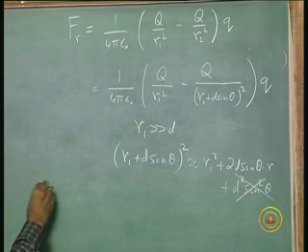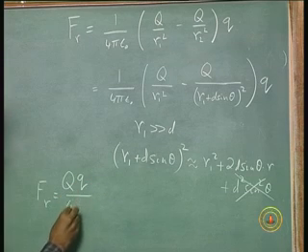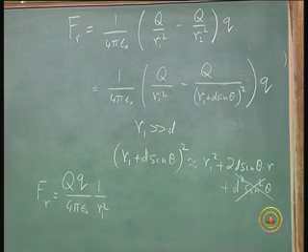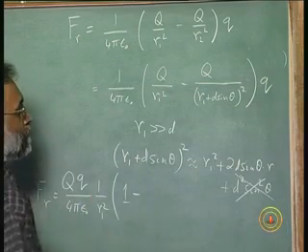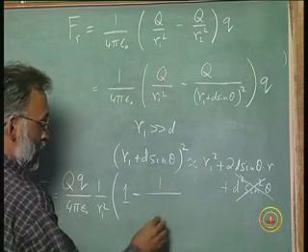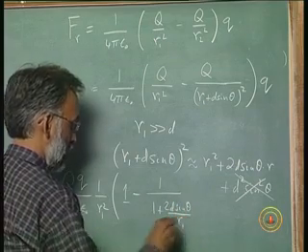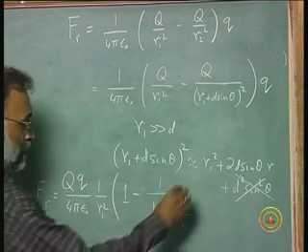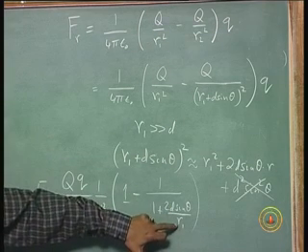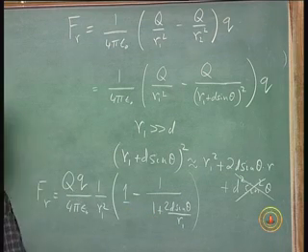So, my F r becomes capital Q small q over 4 pi epsilon naught times 1 over r1 squared times 1 minus 1 over, I have pulled out an r1 squared, so 1 plus 2d sine theta over r1. This is a very small quantity, because d is small compared to r1. So, I can expand this, and I will expand it in place.